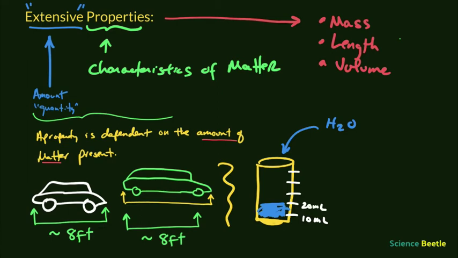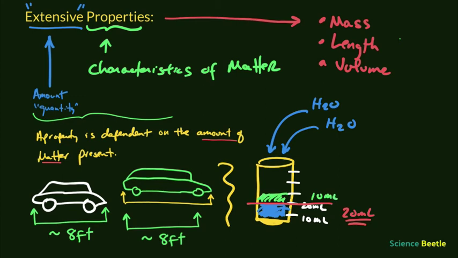So if you look at that measurement here for 20, we know that in this particular sample, at this point we've got 20 milliliters at the first measurement. What if we were to add a little bit more water into this? Well, let's put that in green, and so that would mean that we would have a little bit more here. But notice if I add more water to it, then that means I'm going to have 10 more milliliters overall.